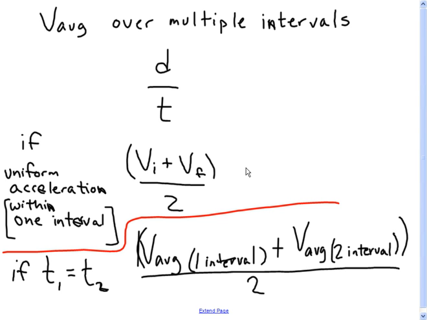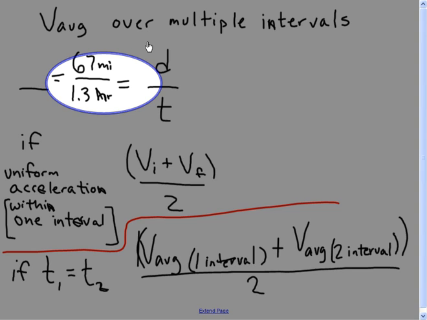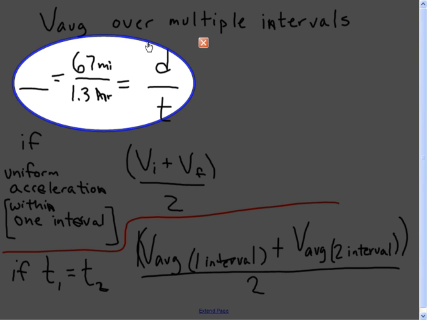Ooh, that'd be brutal. If you really want to know your average speed to Fort Collins, wouldn't you just at the end go, I drove about 67 miles, and it took about 1.3 hours, so my average speed was whatever 67 divided by 1.3 is? This equation to find V average has no rules.